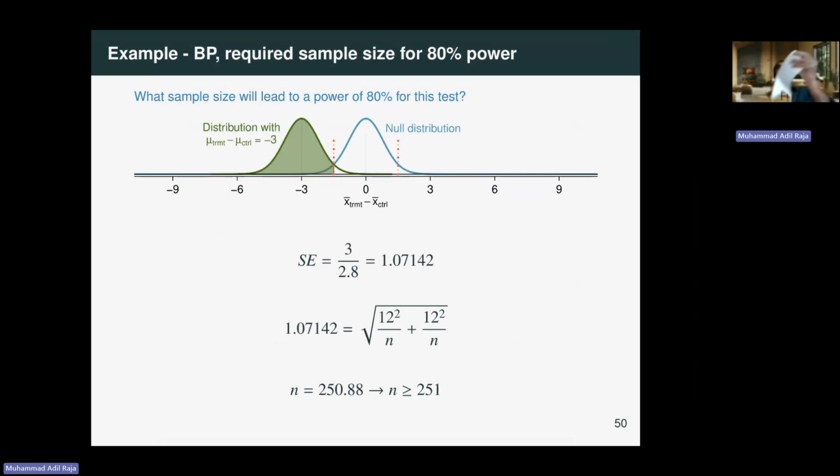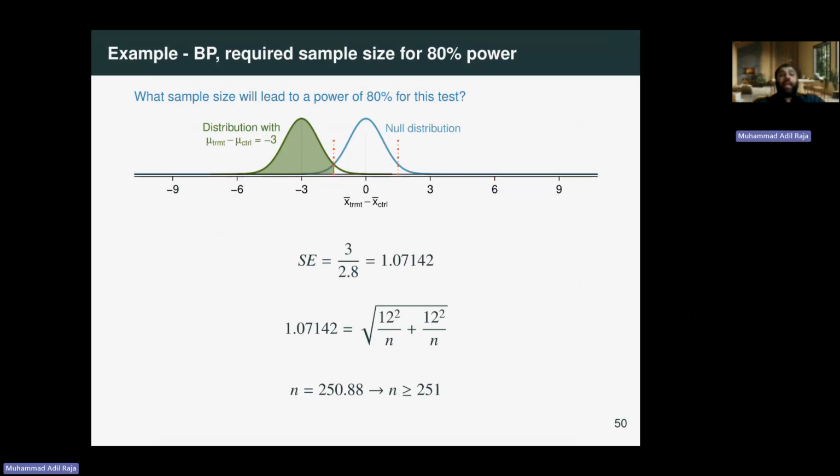So what we have to do is that somebody says to us, okay, we are rejecting the null hypothesis. We have an effect size of 3. Let's say we have invented a new medication for blood pressure that reduces the blood pressure of the patient by 3 mmHg.